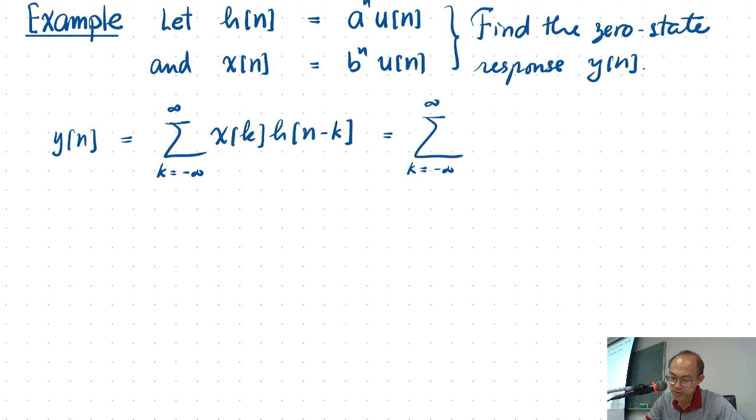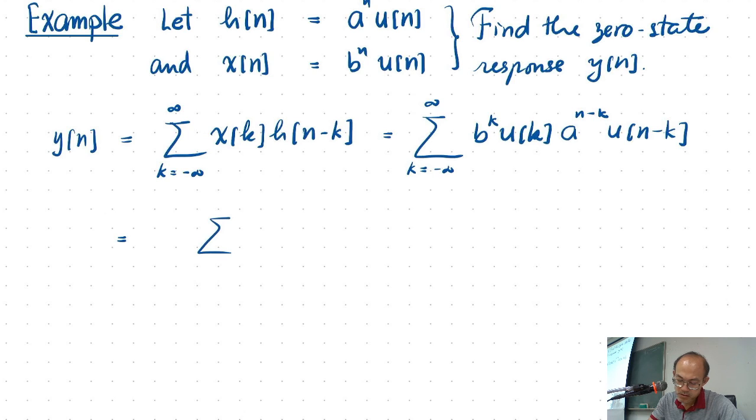So I have x[k] equal to b to the k u[k], and h[n minus k] is a to the n minus k u[n minus k]. So using the same thoughts as we did last example, I can start from k equal to 0 up to n, right?